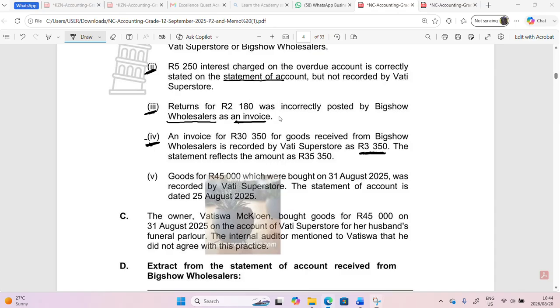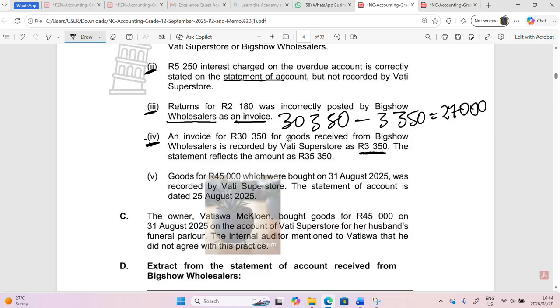So you're going to take 30,350, you minus 3,350, right? You work out the difference and then you should get an amount of 27,000.